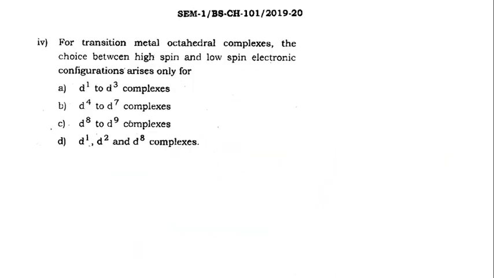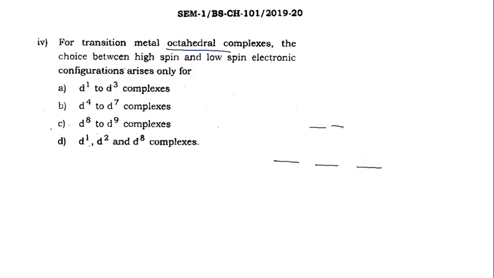Okay, next one is from coordination chemistry. It says that for transition metal octahedral complexes, the choice between high spin and low spin electronic configuration arises only for what configuration? As it is octahedral, let us quickly do it.